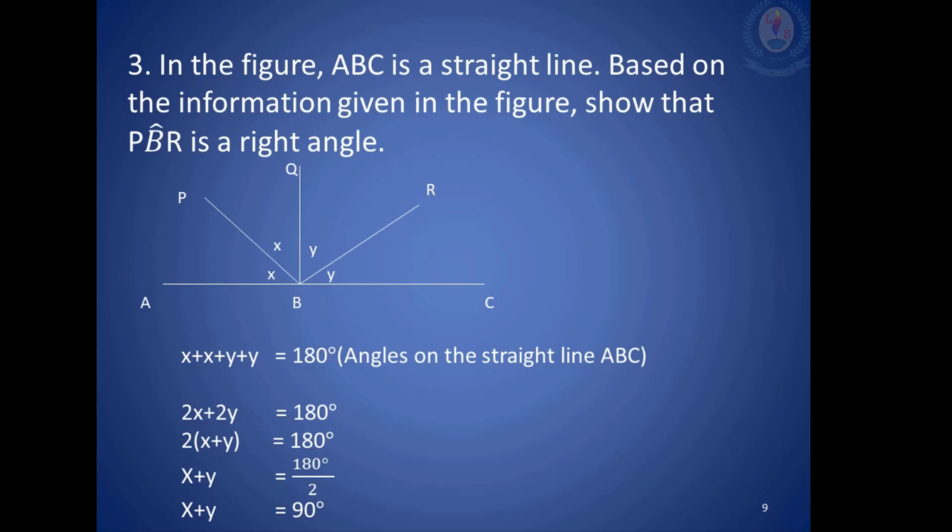Now take the common factor, that is 2. Within brackets, x plus y, equals 180 degrees. Now take 2 to the other side. x plus y equals 180 degrees divided by 2. Then we can get x plus y equals 90 degrees. So we can say angle PBR is a right angle.